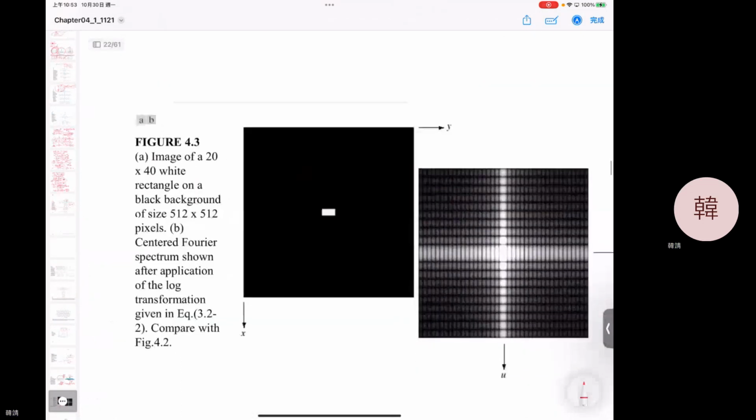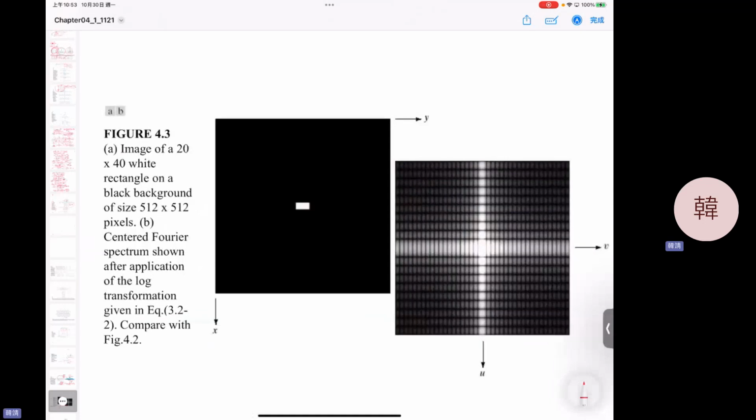Oh yeah, here. See? This is the image of a 20 by 40 white rectangle with a background of 512 by 512. Okay, can you expect the result like the right hand side?